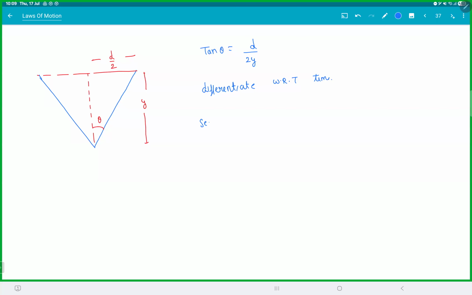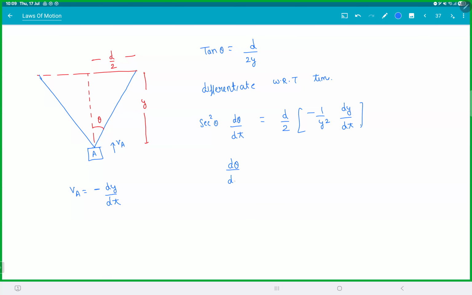The differential of tan is sec square theta d theta by dt. D by 2 times the differential of 1 by y is minus 1 by y square dy by dt. Be careful here, A is going up. That means when it goes up, y is decreasing, so minus dy by dt. You have to be careful with the signs there. If y is decreasing, it is minus. If it is going down, y would increase, so it is plus.